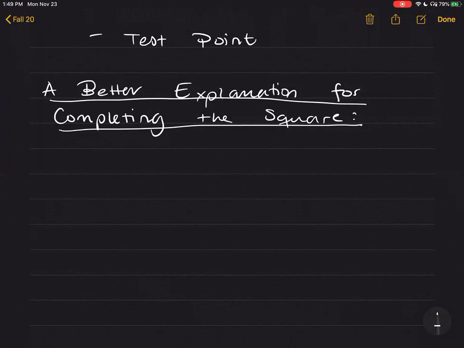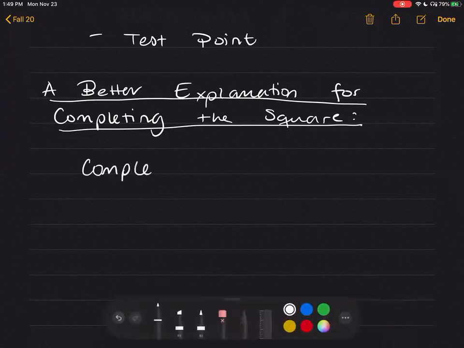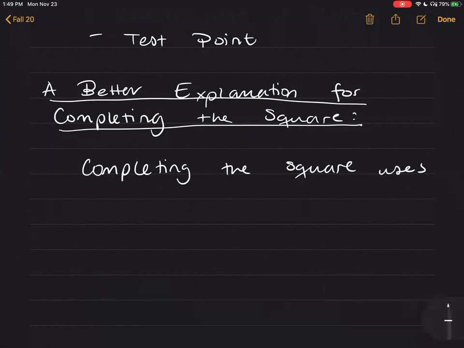But before we go into that, let's talk a little bit about why we're doing the things that we're doing to put it in standard form. So completing the square uses the perfect squares formulas.